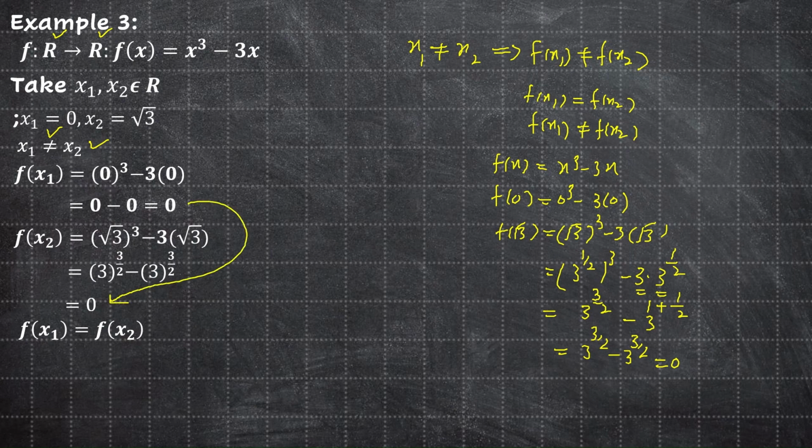Now, according to the second definition, if elements were not equal, then the images must not be equal. But here we have taken elements which are not equal, but images are equal. So by definition, this function is not one-to-one.